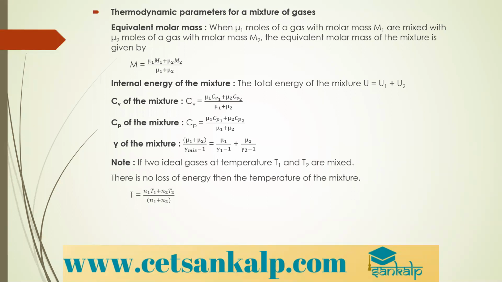Next, thermodynamic parameters for a mixture of gases. First, the equivalent molar mass is given by M is equal to mu1 M1 plus mu2 M2 divided by mu1 plus mu2, where mu1 is the moles of a gas with molar mass M1 and mu2 is the moles of a gas with molar mass M2.